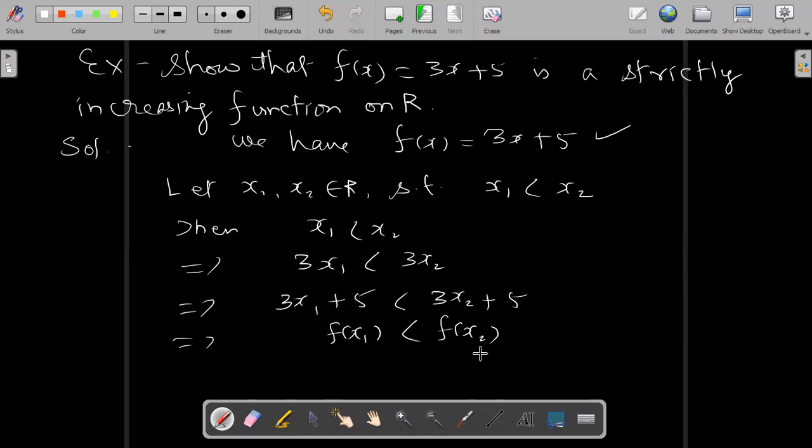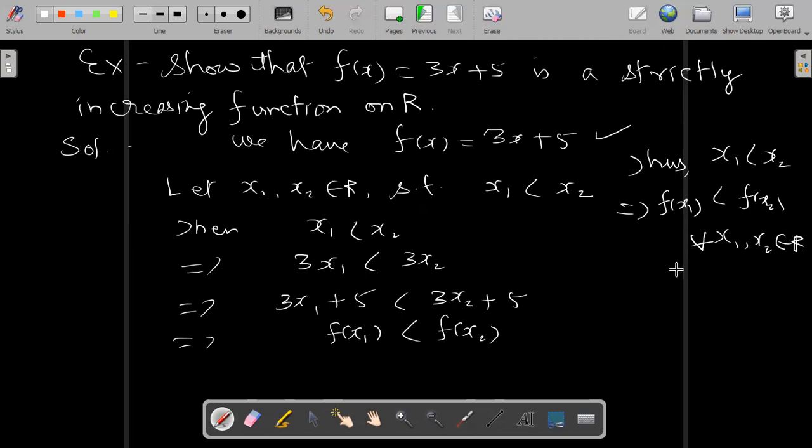So therefore f(x1) is less than f(x2), and thus we can say that x1 less than x2 implies that f(x1) is also less than f(x2) for all x1, x2 belonging to the real numbers.